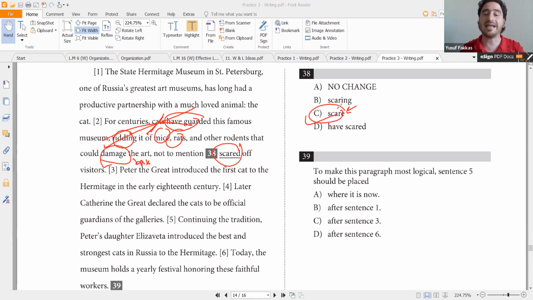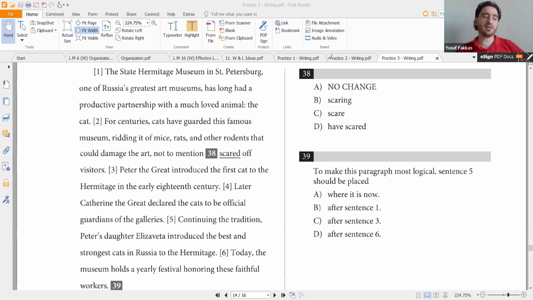So to make the verb scare parallel with damage, I need, of course, the base form, and I choose scare. Okay? So whenever you have a list of verbs, but this time you have different forms connected to the subject, ask who's doing this action? What subject is this verb related to? And then you can easily, after that, decide what the right answer is.